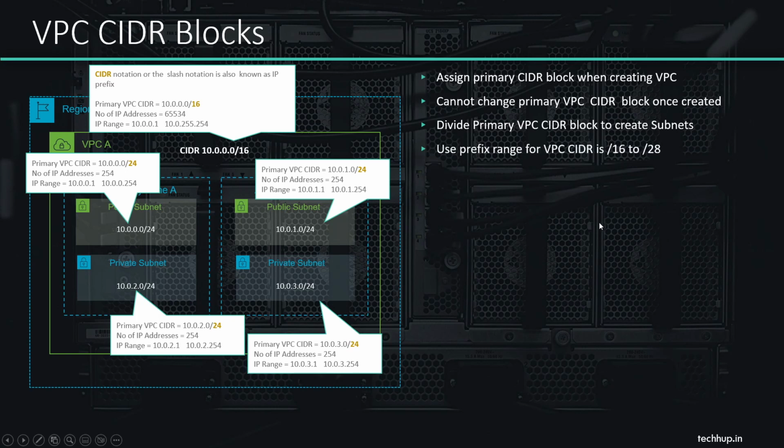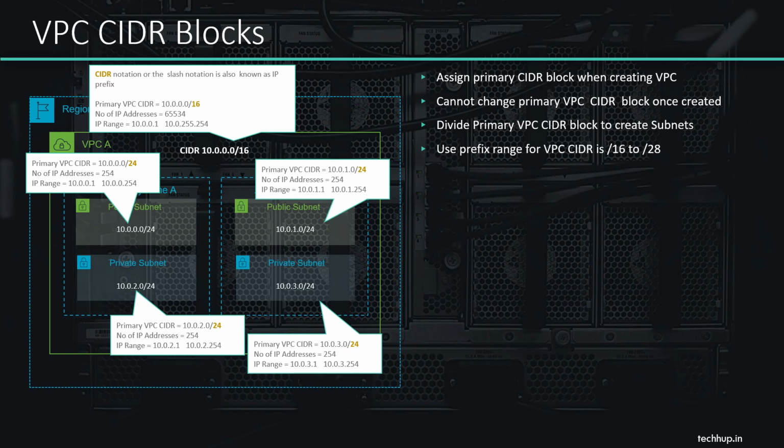There are different ways to represent a range of IP addresses, and the shortest way is by a CIDR notation, sometimes also called the slash notation, and the valid range is between /16 and /28.